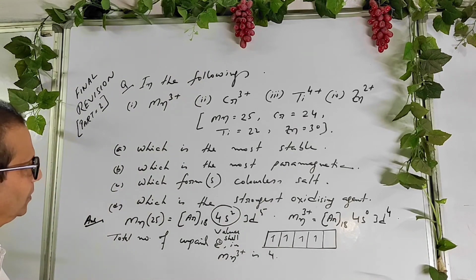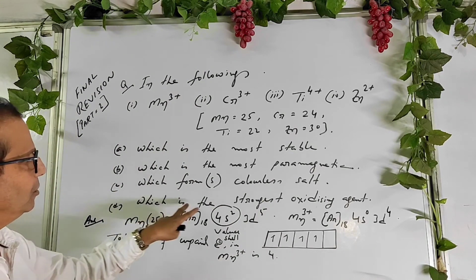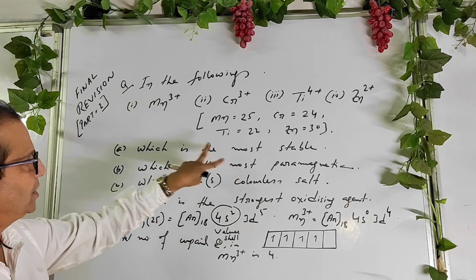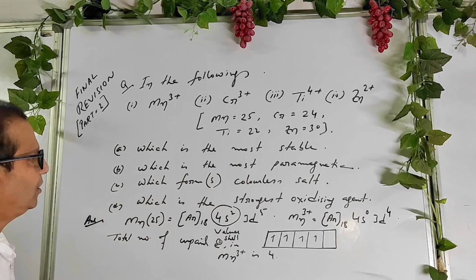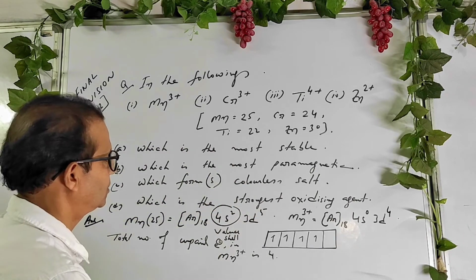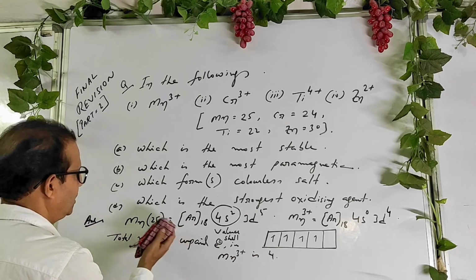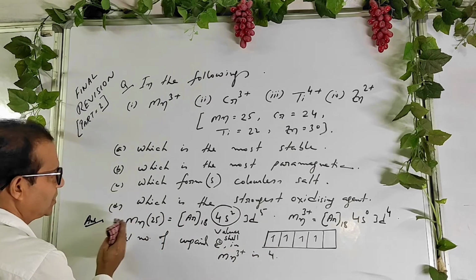Now listen, in this way, if you write the electronic configuration of all the ions, it becomes like this.